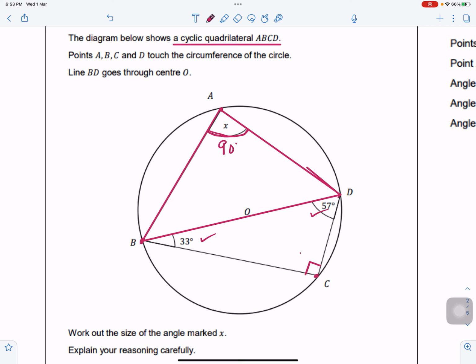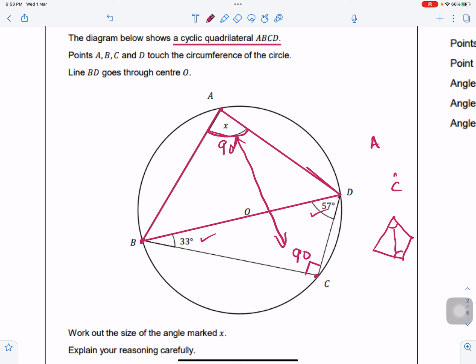Answer is coming 90 degrees. And you see, because they are opposite angles of the cyclic quadrilateral, angle A and angle C are on the opposite sides of the cyclic quadrilateral. So the sum of these angles should be equal to 180. Now you add them up, 90 plus 90 is 180.